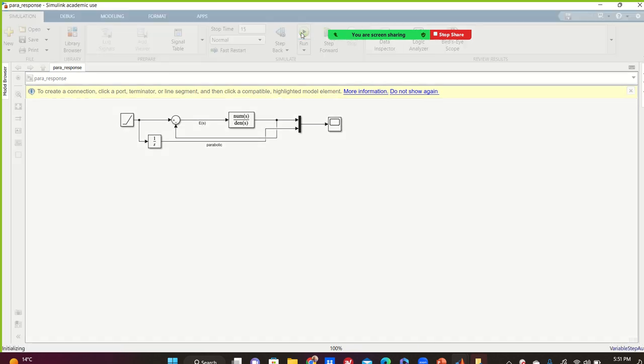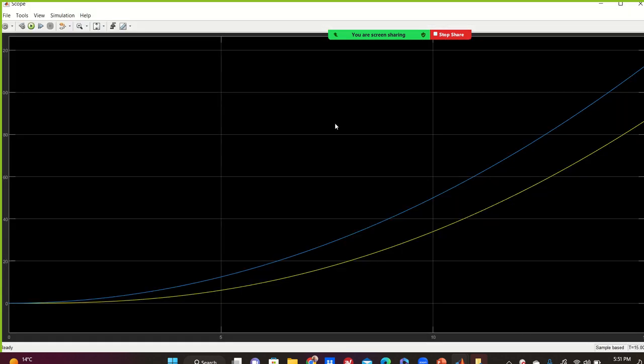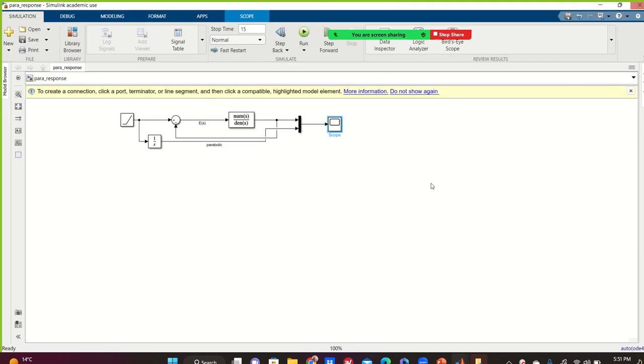So if I run this, now you're going to see input, output. Everybody understand? It's very simple.